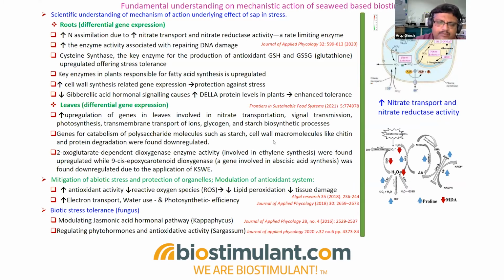Not only for abiotic stress, we also found that these biostimulants can modulate jasmonic acid and hormonal pathways, and regulate phytohormones and antioxidative activity. We found this both in Kappaphycus as well as Sargassum.